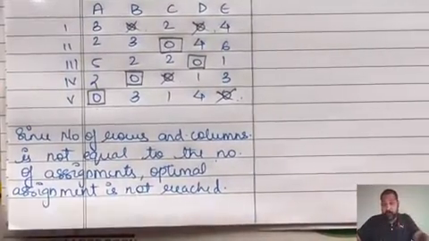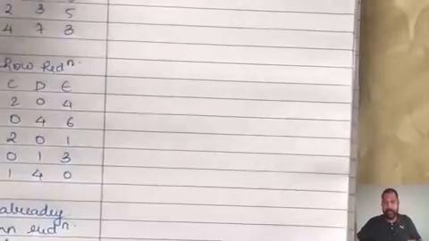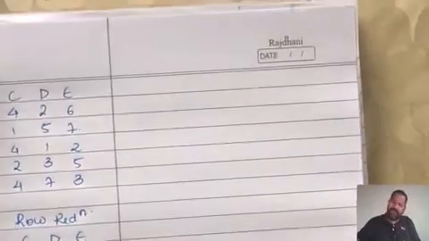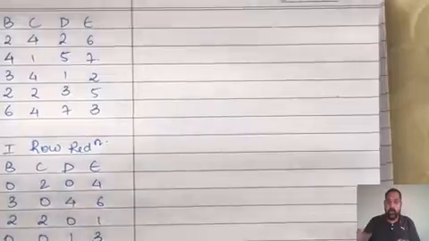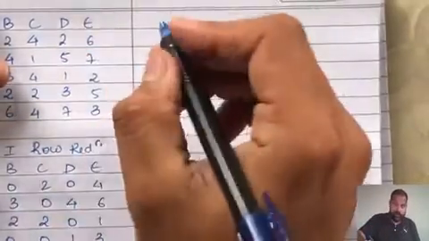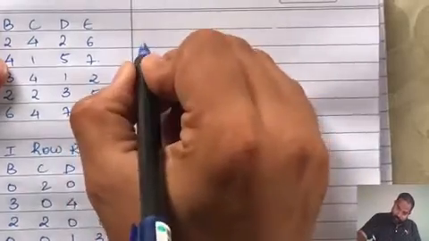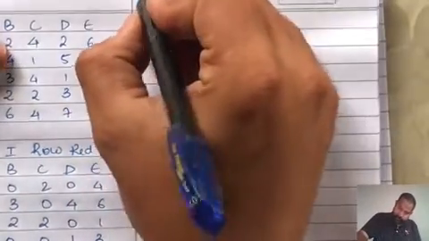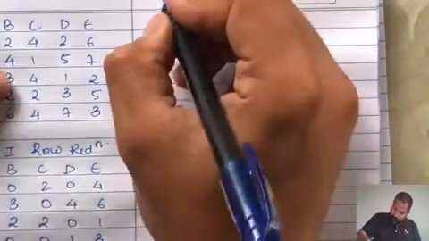What do we do now? We redesign the matrix. But what do you mean by redesign the matrix? First I draw lines and then I redesign the matrix. Okay, so let's write down the same matrix again to draw the lines. So here I'm going to say step 3.